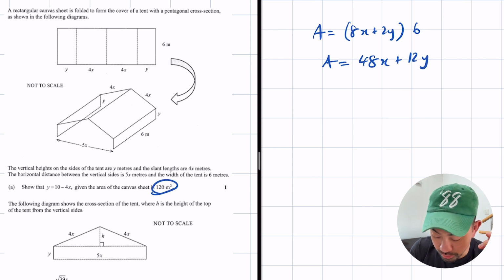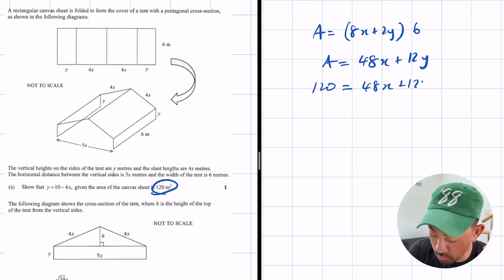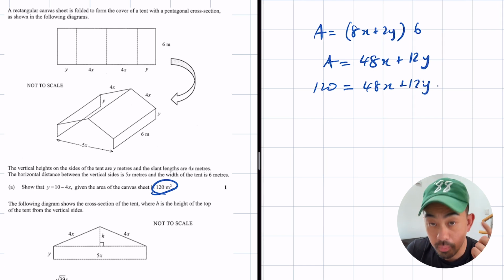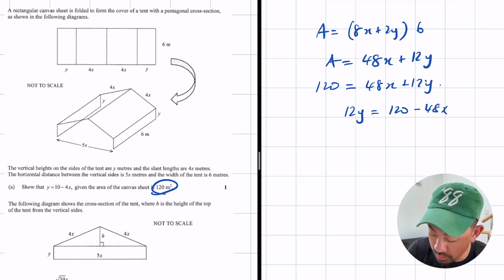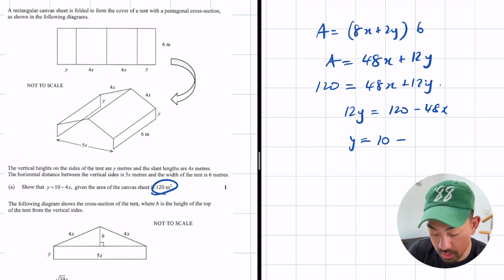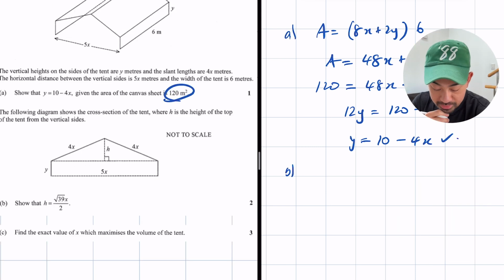And I know that the total area is 120, so 120 is 48x plus 12y. Make y the subject, it looks like. So 12y is equal to 120 minus 48x. Divide through by 12, so that's 10 minus 4x. Done.